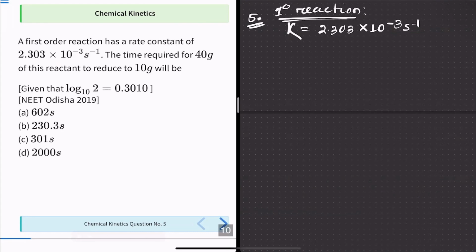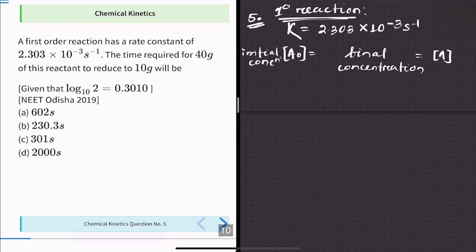Here, A naught is the initial concentration and the final concentration is A. Initially it is 40 gram and finally we reach 10 gram.